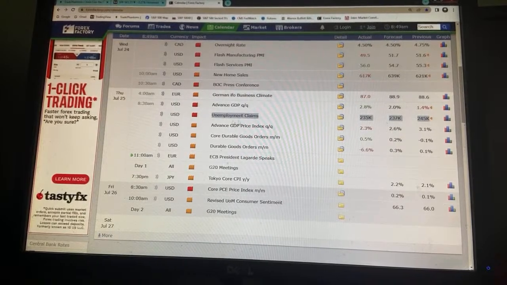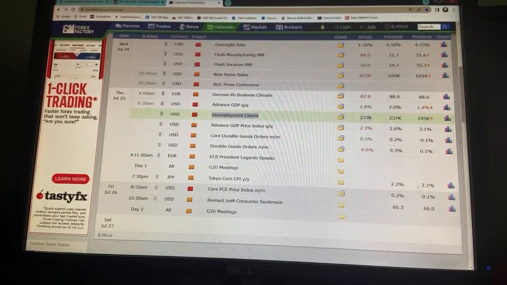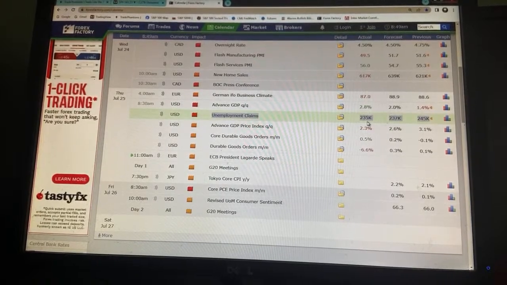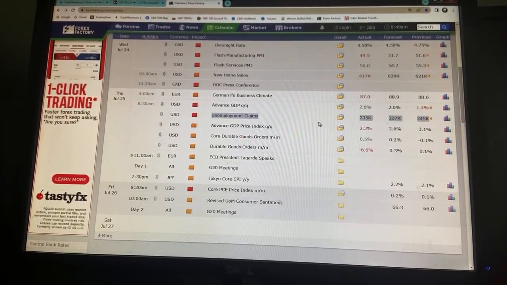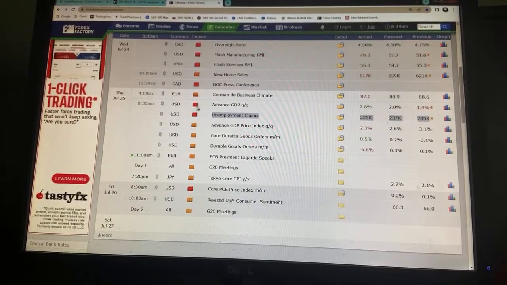What we're going to be doing this morning is this: news is one thing, but how the market is reacting and responding to the news is the main thing. The news is done for the most part.